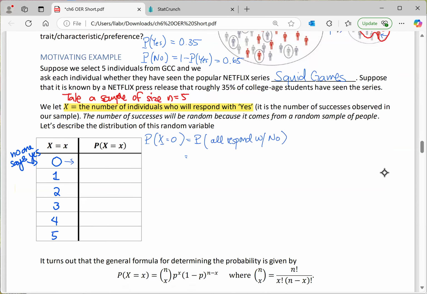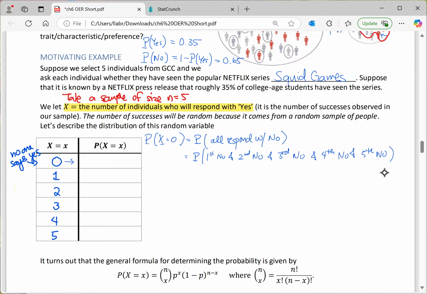So this is equal to the probability that the first individual says no, and the second individual says no, and the third individual says no. And obviously, you can see that it'll be the fourth says no, as well as the fifth person is going to say no.